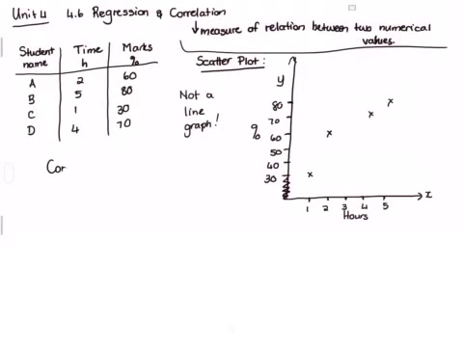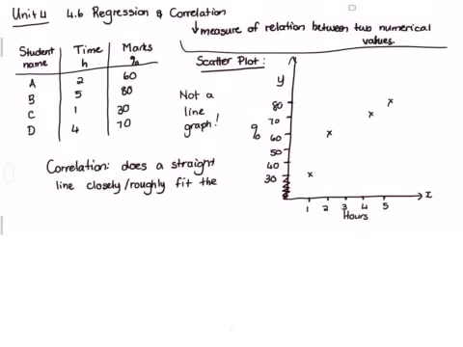So correlation: does a straight line closely or maybe just roughly fit the data? That's what we want to figure out. Okay. In part 2 we're going to look at how to actually calculate it.